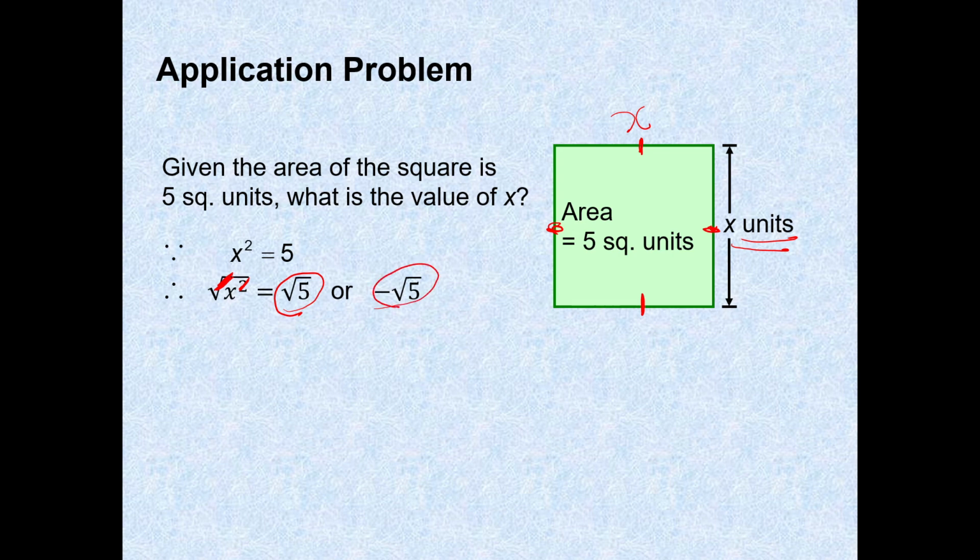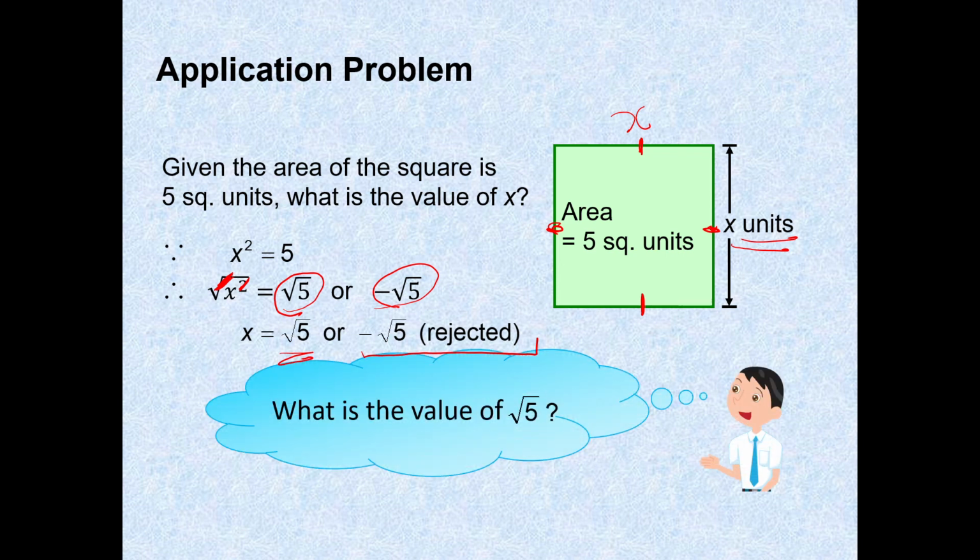One is the square root of 5, another is the negative square root of 5. But it is impossible for us to have a negative number as the length, so we need to reject the negative square root of 5. So that means our answer will be square root 5, and it is the exact value.